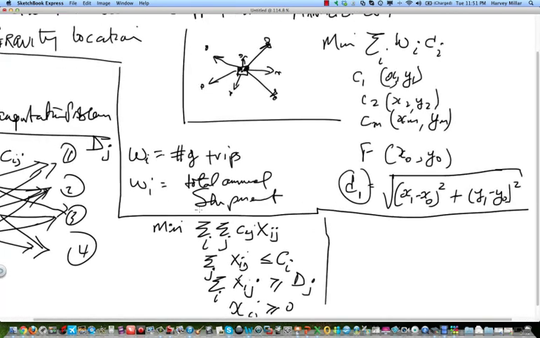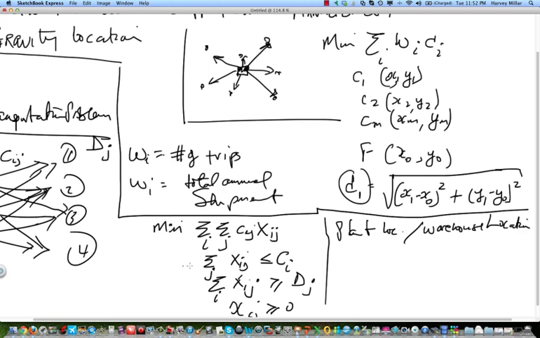The last model that I wanted to talk about is essentially a plant location model, or warehouse location model.